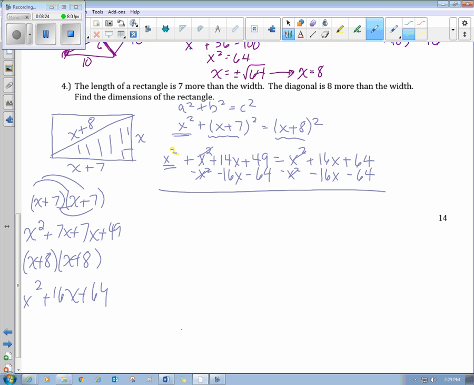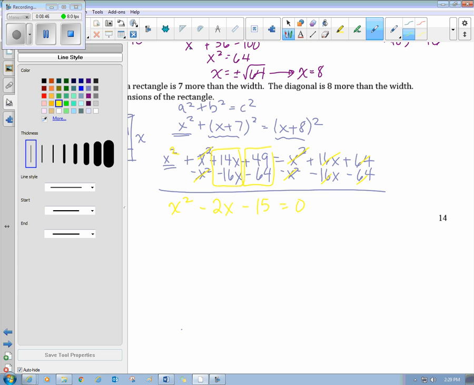This x squared here indicates that you're going to have a quadratic equation. You want everything to cancel so you get it equal to 0. So I have x squared. Combine these two and get minus 2x. Combine these two and get minus 15. And then from that point on, I can continue solving. It looks much more simplified once you get it equal to 0.